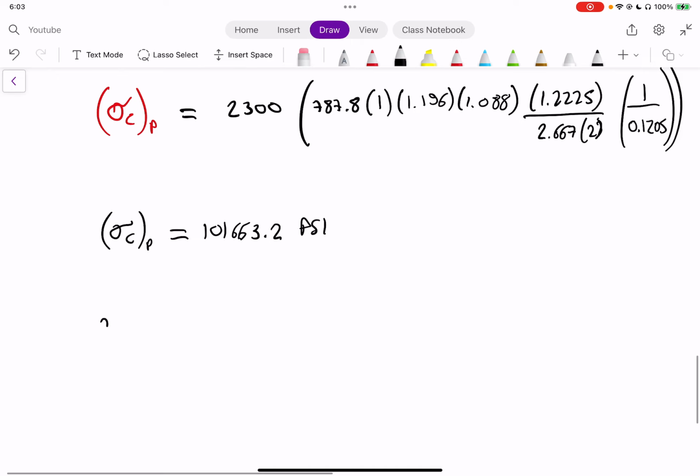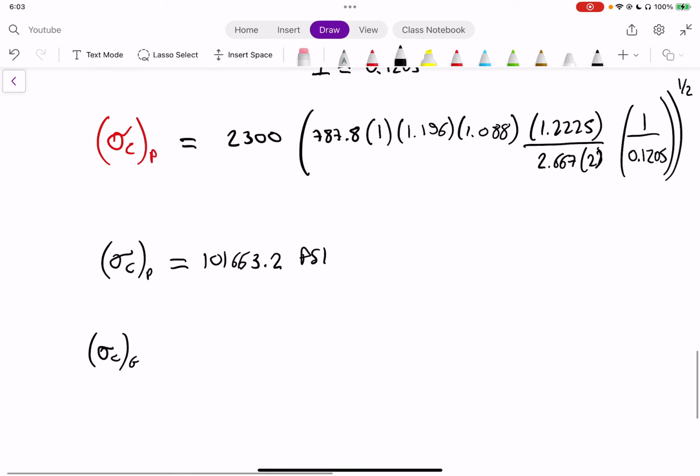Now, to find sigma cg, obviously we could run the whole equation again with a slight change in ks. Another way to do it is to simplify this problem, and this is going to become something very useful if you change only one parameter. You'll have to think about this for a moment, but you can pause the video and figure it out.